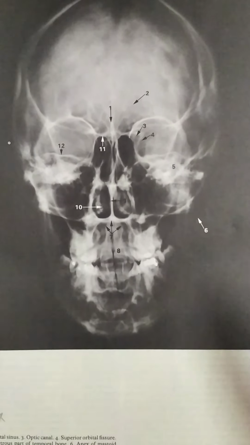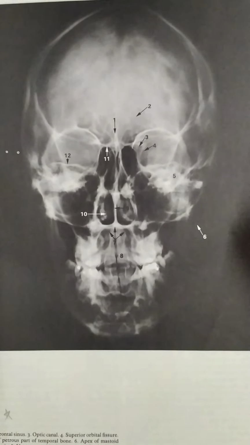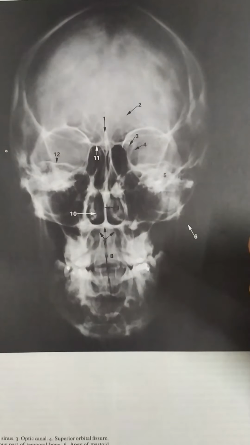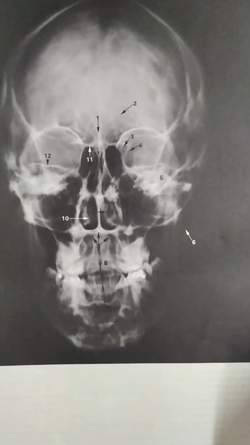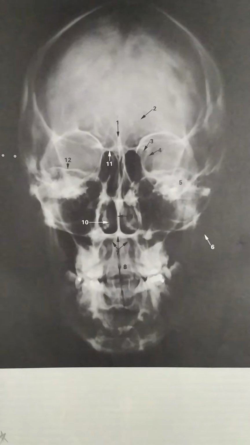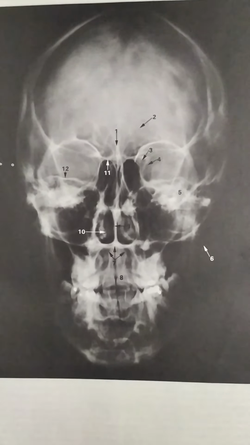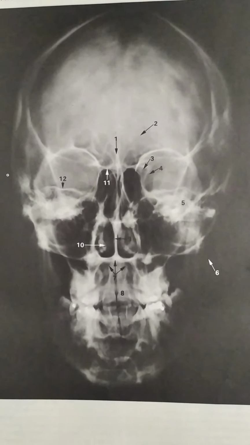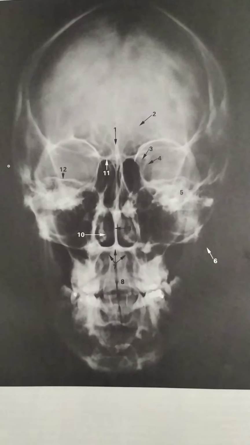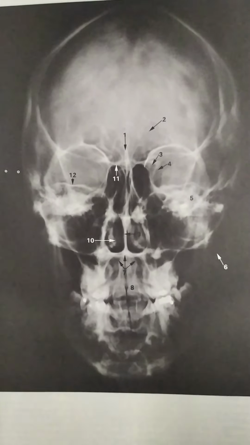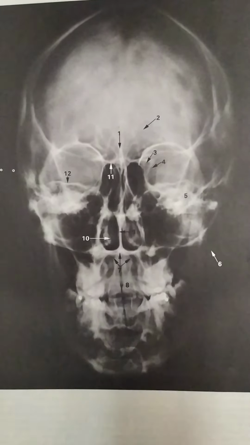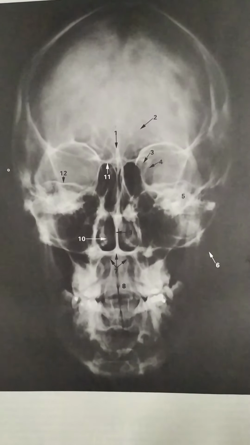Now simply when you see this radiograph, you will be able to see that there are some regions which are black in color, while there are some regions which are white in color, isn't it? So these regions have two terms, radiolucent and radio-opaque. Coming to the term radio-opaque, you know that opaque means an object through which one cannot see beyond it, right?